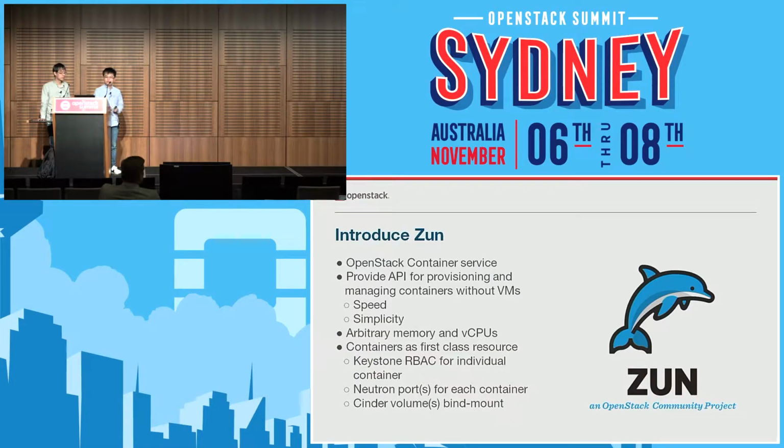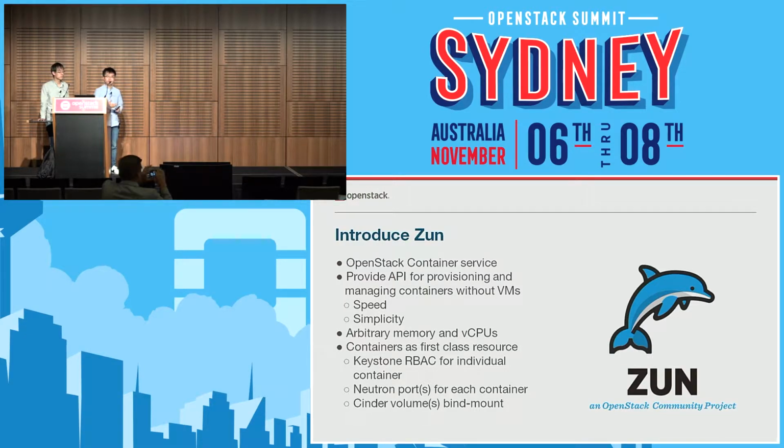So first, what is Zun? This is a brief introduction: Zun is an OpenStack container service. It is an official project. And it provides an API to provision and manage containers without managing any VMs.